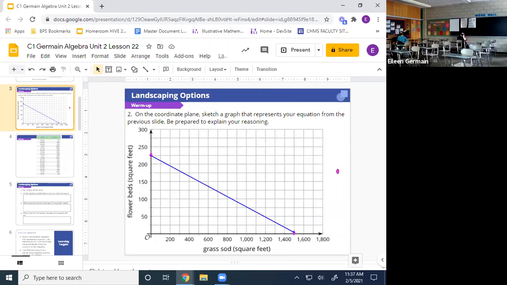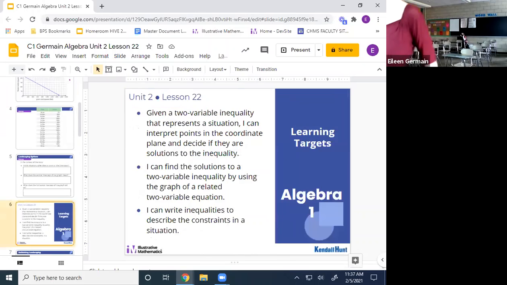Okay. So our learning targets for today. We're given a two variable inequality that represents a situation. I can interpret points on the coordinate plane and decide if they are a solution to the inequality. So right now we're talking about an equation. Now we're going to take that equation and switch up the story a little bit, because before she had to spend exactly $3,000.